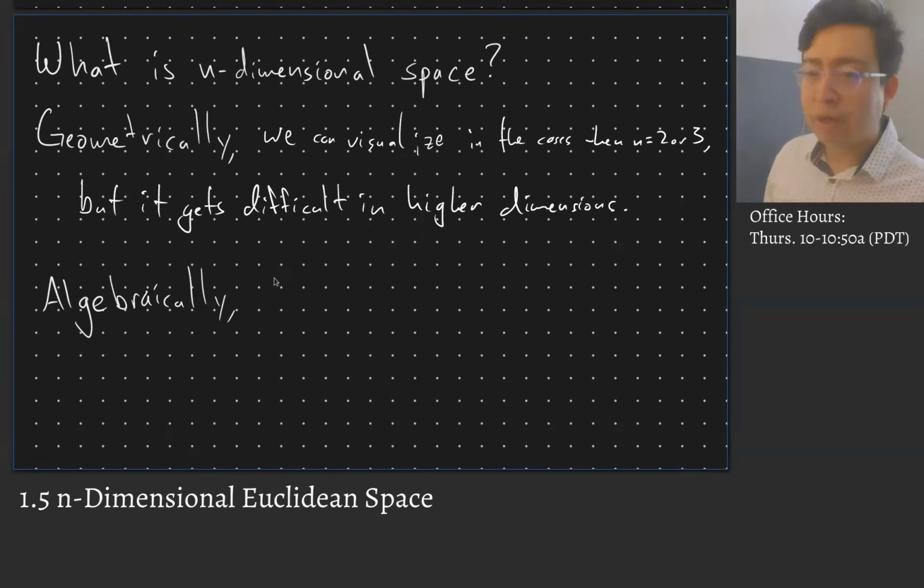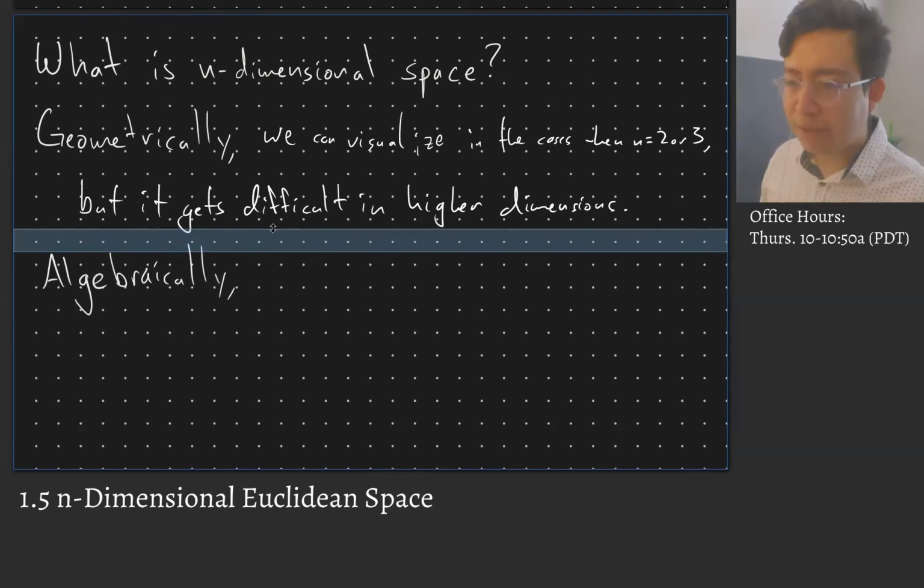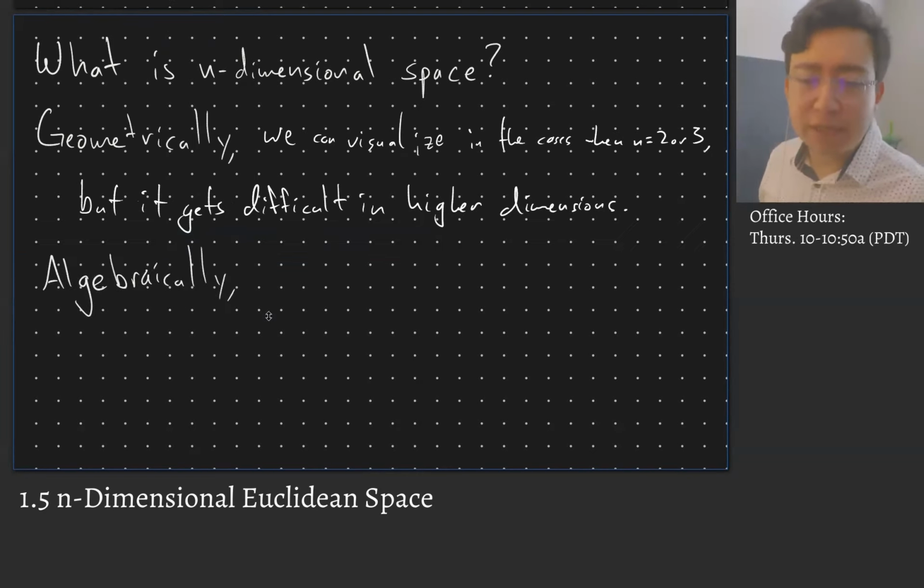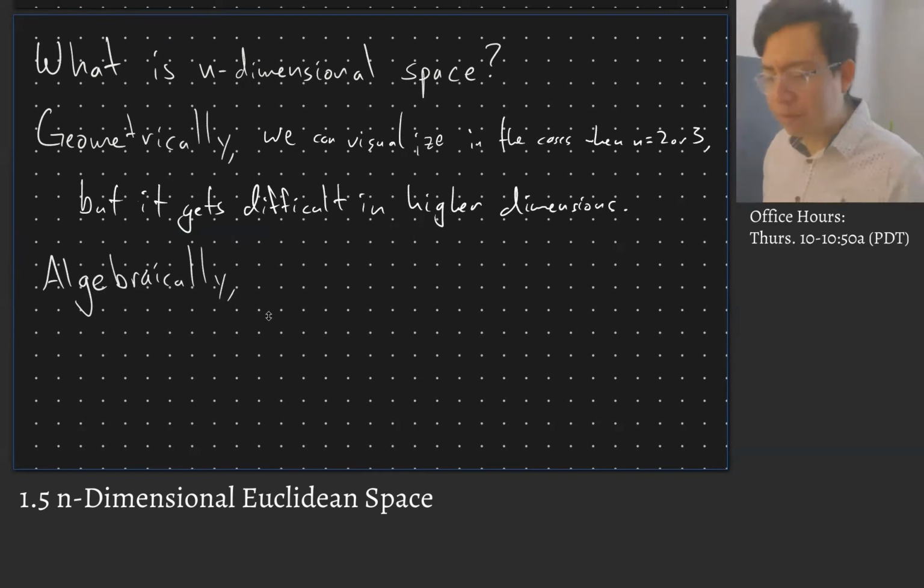We are going to learn some tricks for maybe helping with that. Maybe not necessarily perfectly drawing pictures of higher dimensional space, but maybe we can look at some parts of it, and then we'll learn some of those tricks when we start chapter 2. But in general, visualizing it is hard.